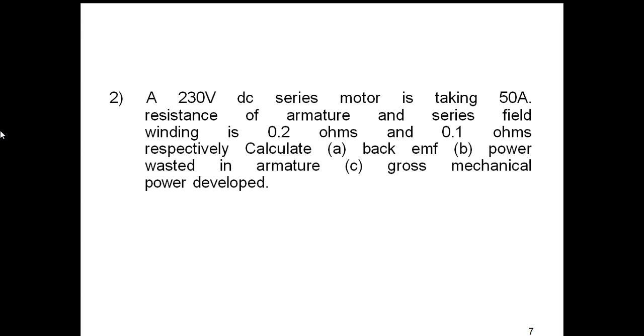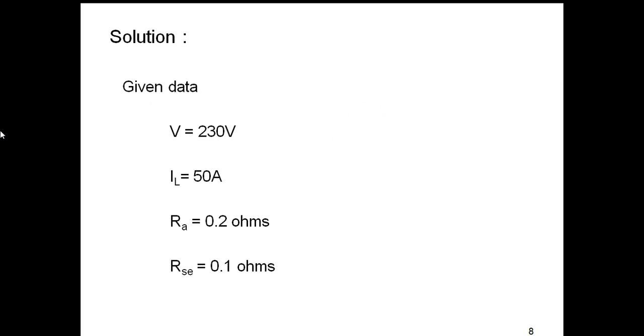Here we have to find back EMF, that is Eb, power wasted in armature, that is loss, and gross mechanical power developed, that is output. Now let us see the solution. This is the given data.